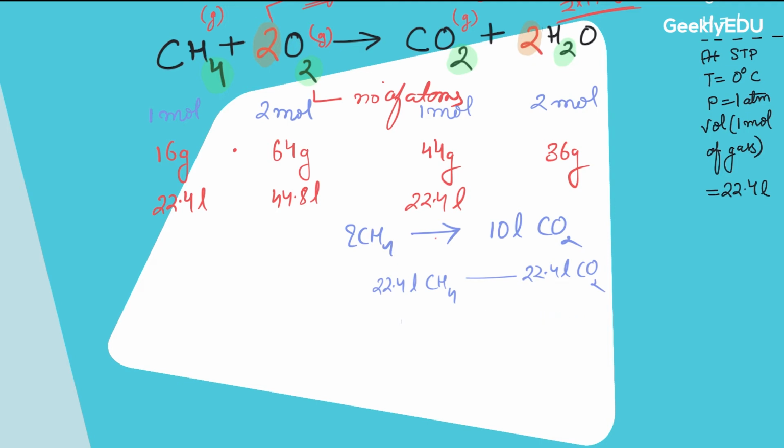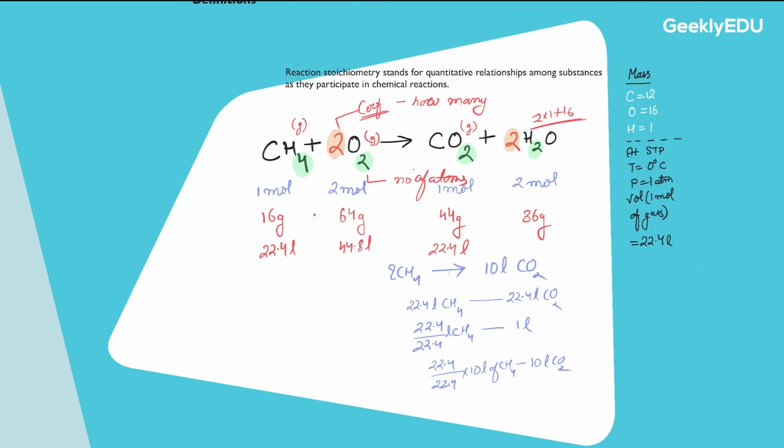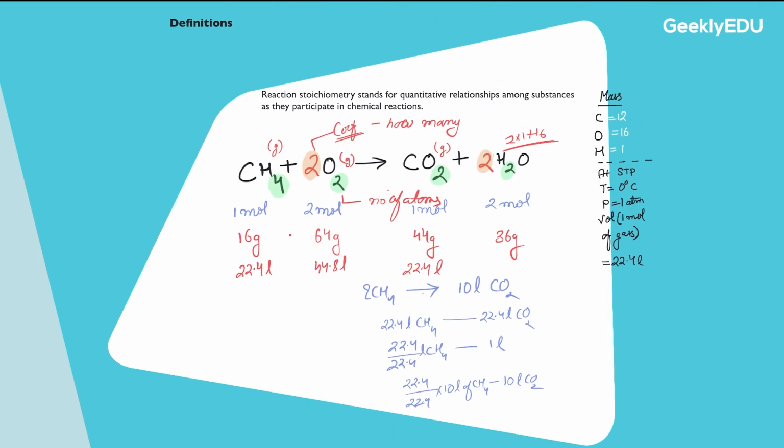So for 1 liter of carbon dioxide, you have 22.4 liters of methane, and hence for 10, you have 22.4 into 10 liters of methane required for 10 liters of carbon dioxide. So these are some types of calculations that can be done using basic stoichiometry.